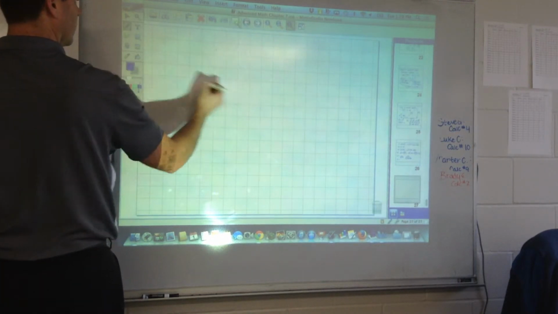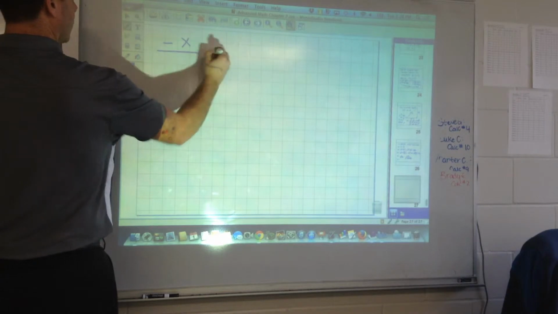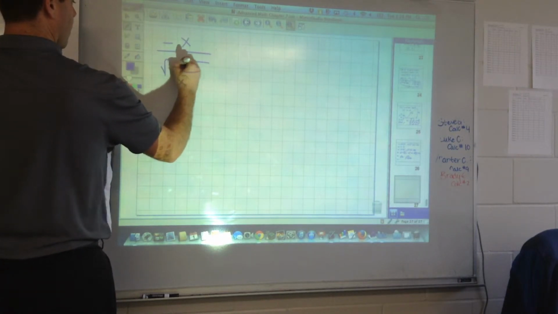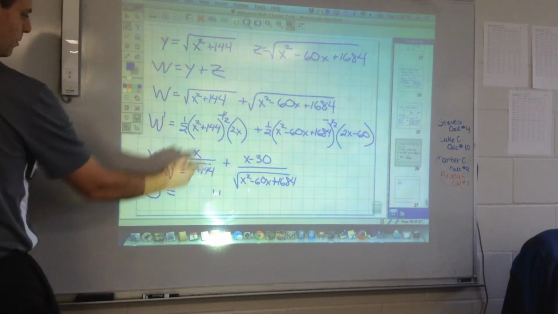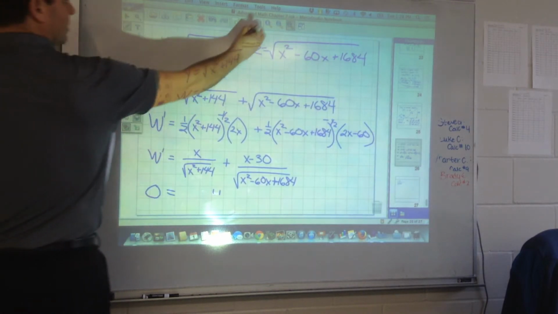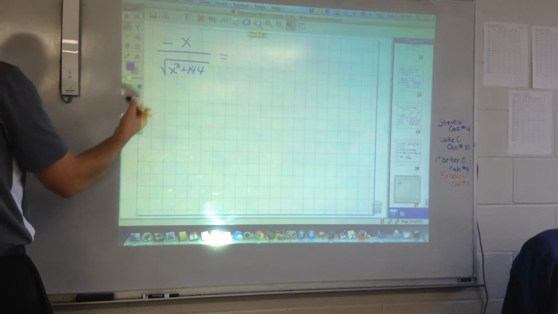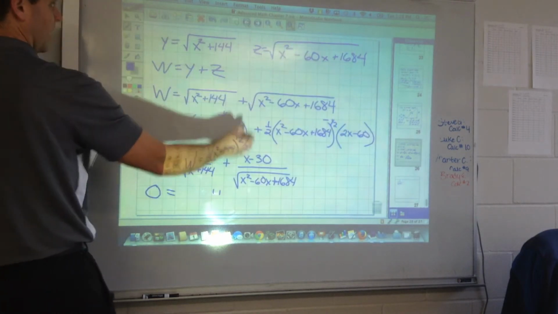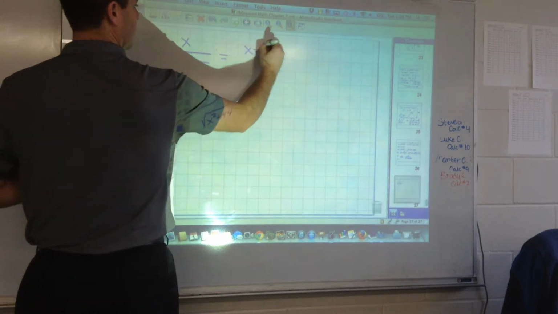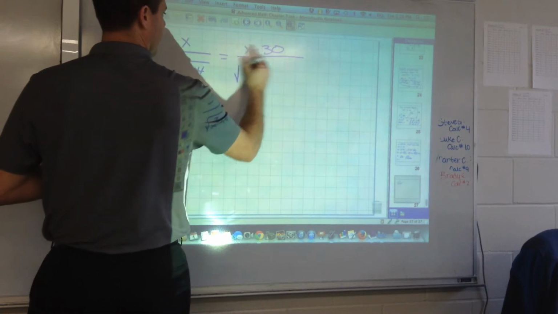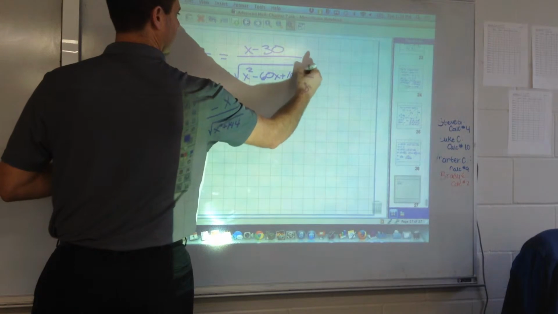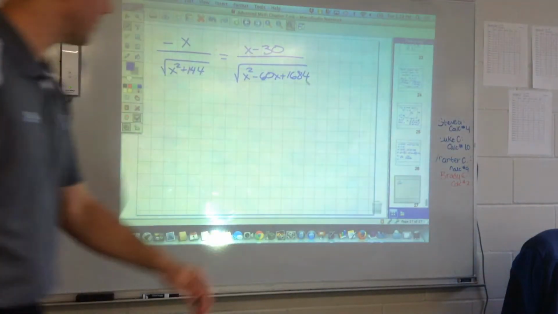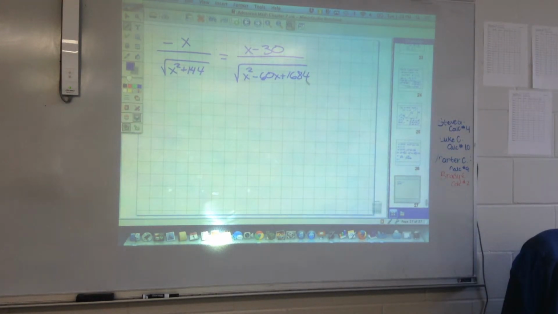So if I move this one over, I have to subtract it. So that would give me negative x over that, and then I have x minus 30 over the square root of x squared minus 60x plus 1684.